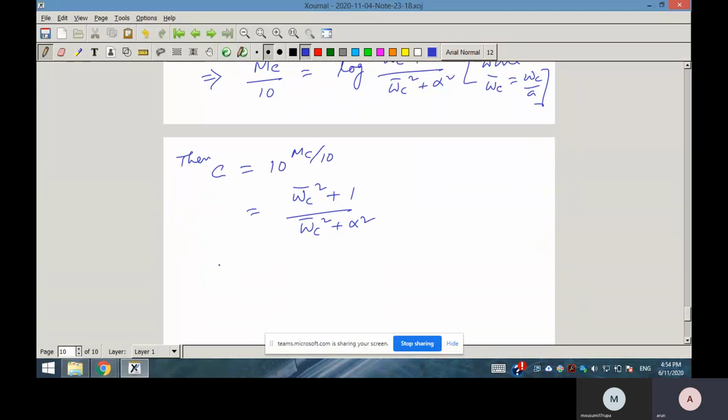So Q, here Q equal to tan of, so now phi C is the amount of gain attenuation I needed. But unfortunately, sorry, phi C is the amount of phase lead I need.